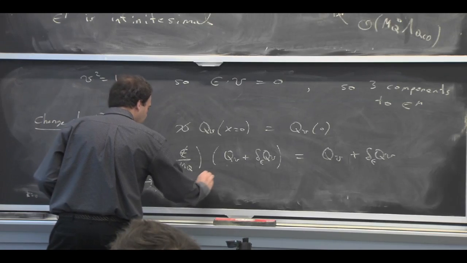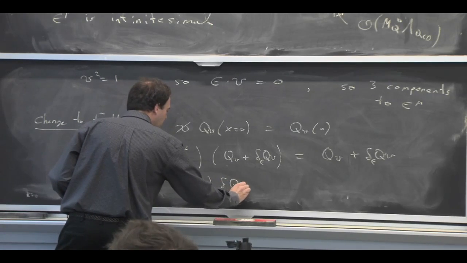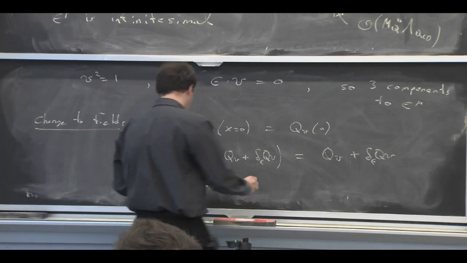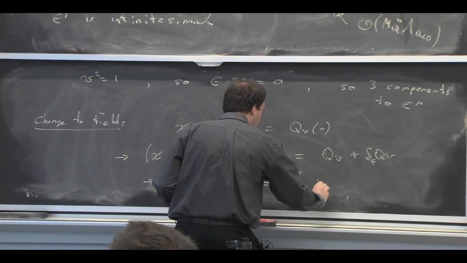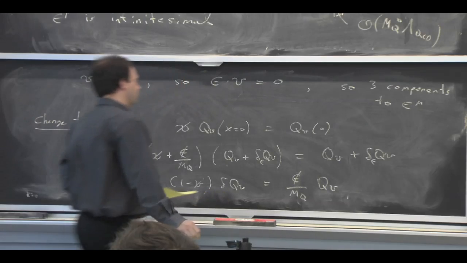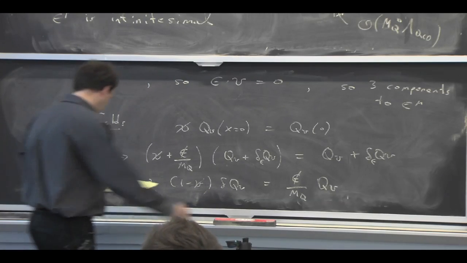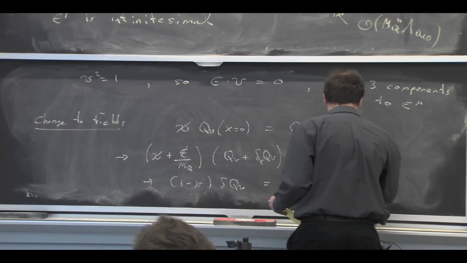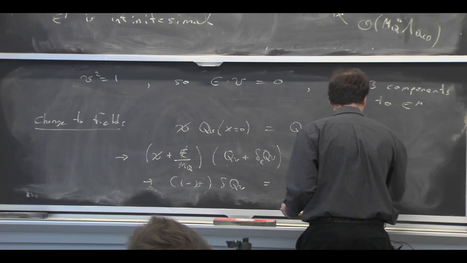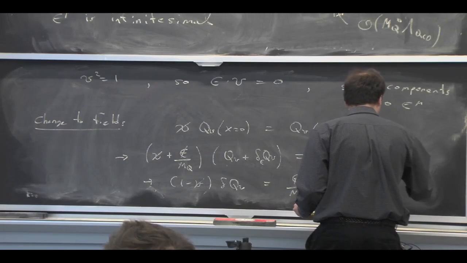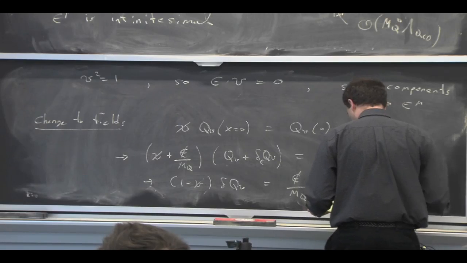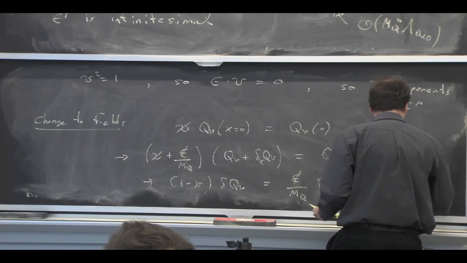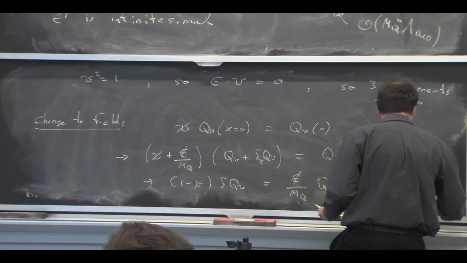So rearranging this equation, I find that 1 minus v slash times delta QV is epsilon slash over MQ times QV. And this equation has the solution that delta QV is epsilon slash over 2MQ.